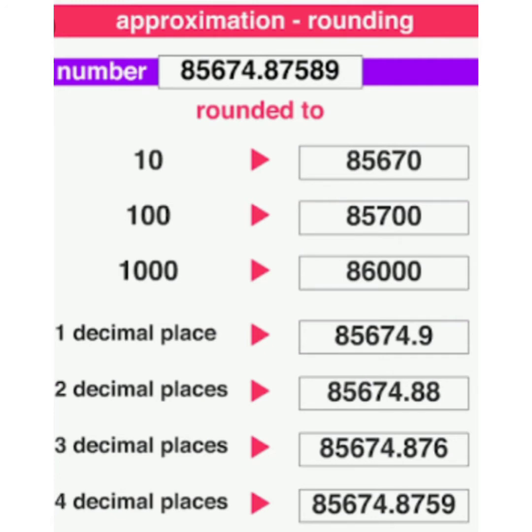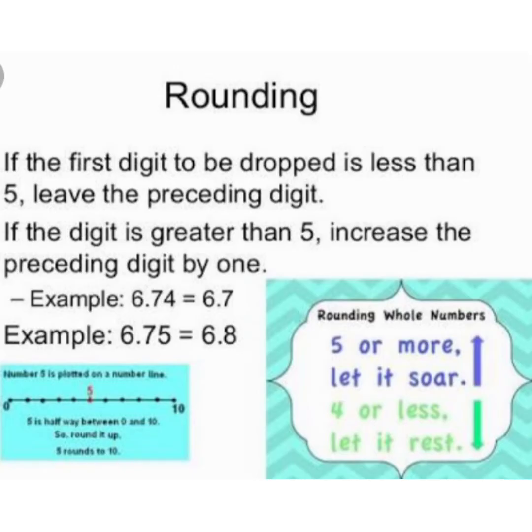A calculation can be approximated by rounding the values within it before performing the operations. Round off numbers are easy to use and remember.